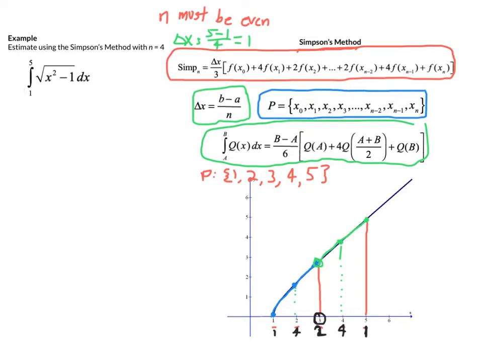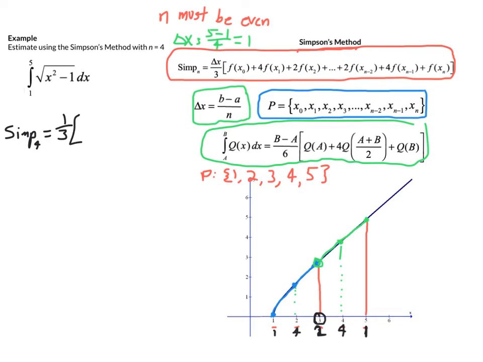And so if we use it for our example, we can state that the Simpson's estimate using 4 subintervals for our function is delta x over 3, so delta x here is 1, so 1/3.